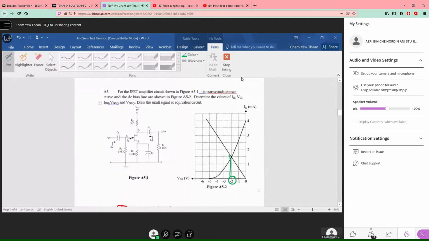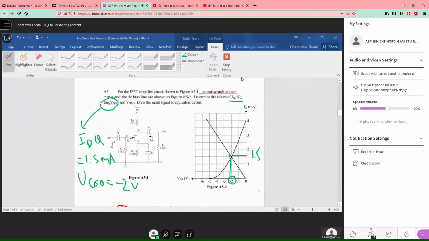And the IDQ is 1.5, right? So already you get two answers. I'm talking about this part here. Your IDQ from the curve is 1.5 milliamps, and your VGSQ is minus 2 volt. You can read straight from the graph.